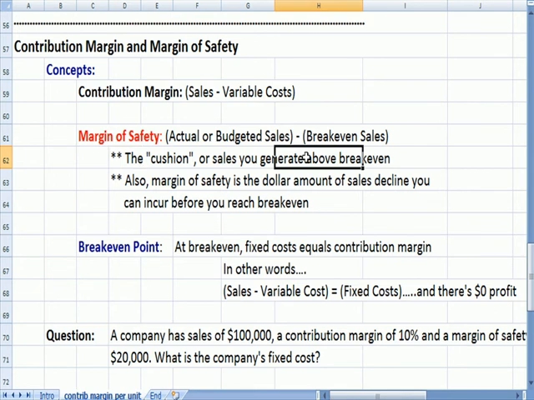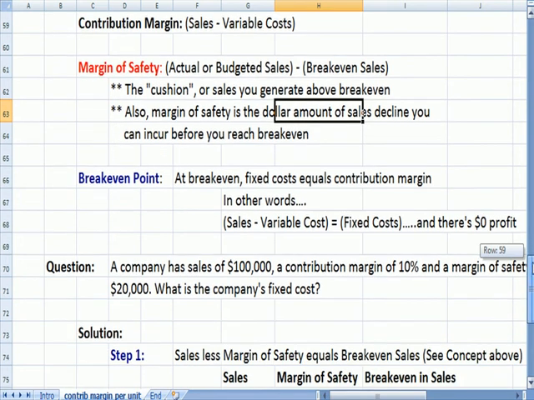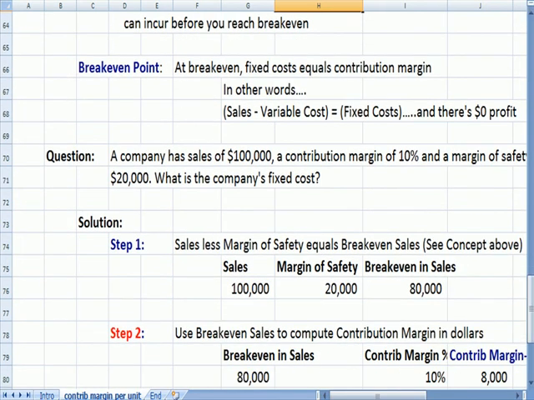It's your breathing room. Also, margin of safety is the total dollar amount of sales decline you can incur before you reach break-even. And then a third definition, and this is the twist in the problem that I think is a good one.